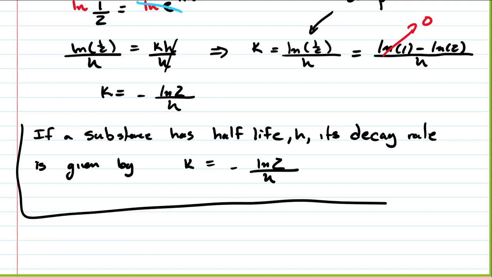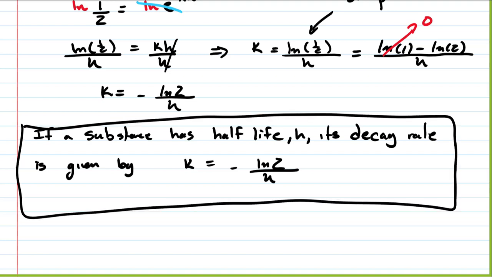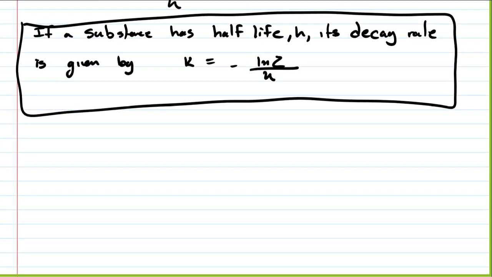So basically what this does for us is in radioactive decay problems, we get to skip step 2, right? Because what was step 2? Solve for k. Well, this just gives us a formula that allows us to know what k is immediately. All right.